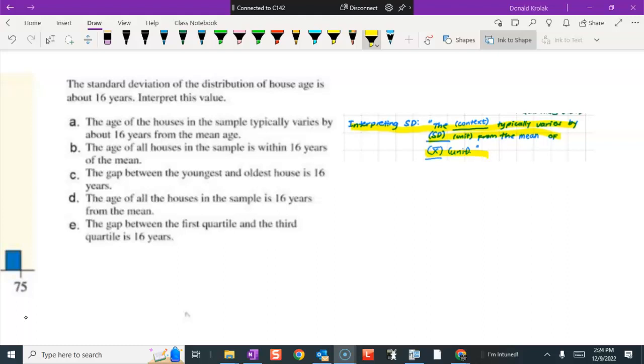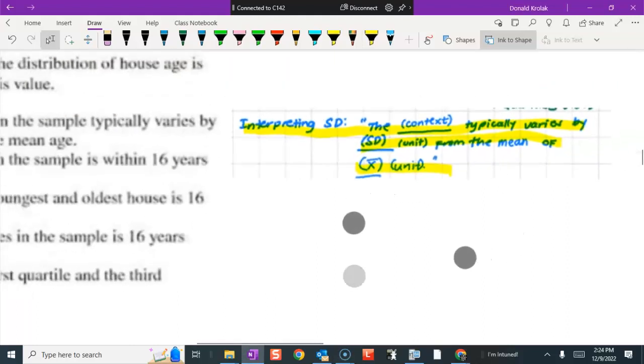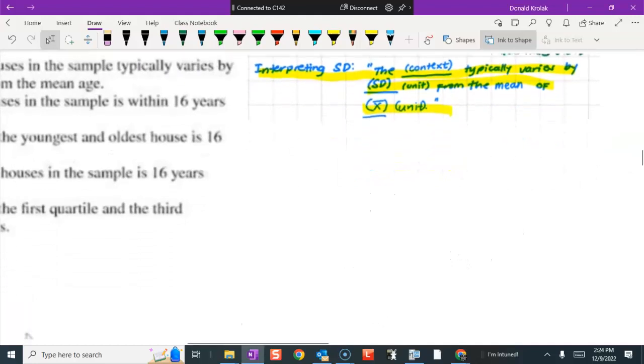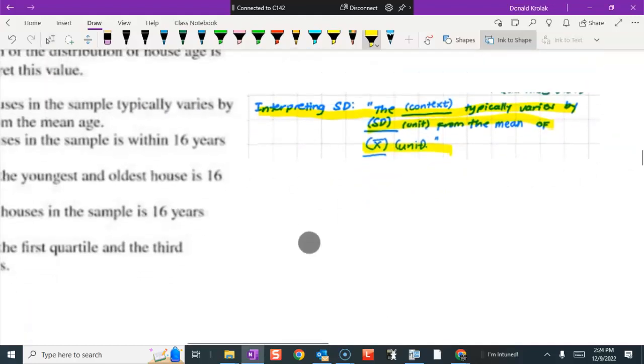So if I'm going to interpret that, I'm going to fill this in. Okay, interpreting the standard deviation, in this case we're talking about the age of a house. Okay, that's the context.